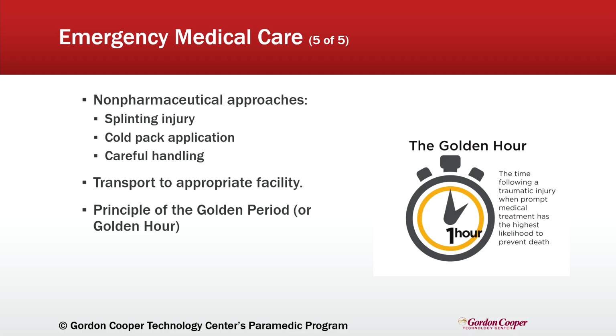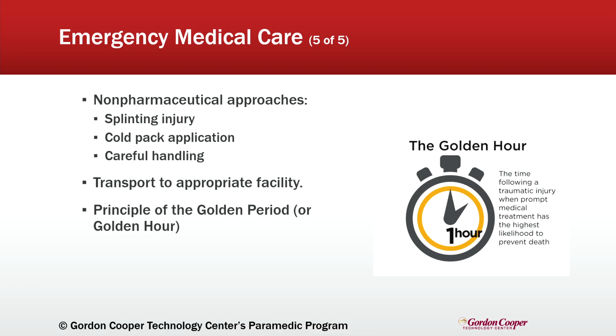Make sure we're getting them to the right place. Always aim for transport to a trauma center, because we're talking about some pretty sick people with serious chest trauma. They're equipped to provide, obviously, specialized care for serious injuries. And then this goes all the way back to your EMT, and we've talked about it several times: the golden period principle.